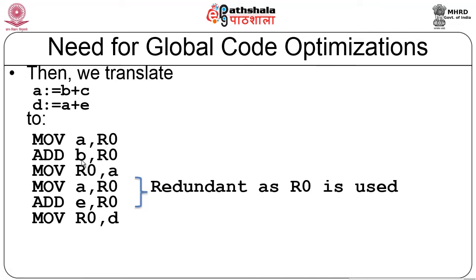At least I want to store the temporary value of a into r0, this is fine. Move r0 comma a is fine, but moving a comma r0 back is going to be redundant, because r0 already has the value of a. This is fine and the next one is also fine. So how do I get rid of redundant instructions? That is going to be another job in choosing your sequence of instructions.